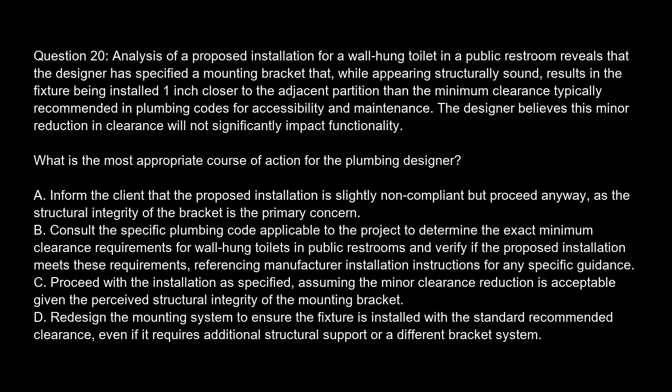Option C. Proceed with the installation as specified, assuming the minor clearance reduction is acceptable given the perceived structural integrity of the mounting bracket. Option D. Redesign the mounting system to ensure the fixture is installed with the standard recommended clearance, even if it requires additional structural support or a different bracket system.